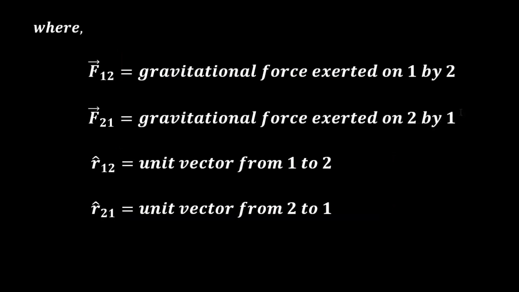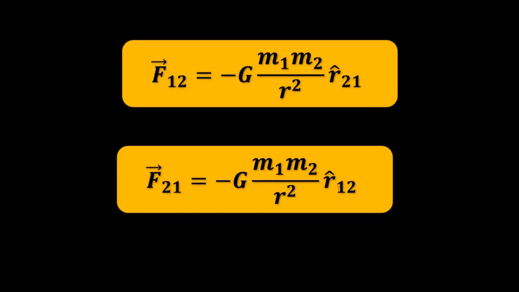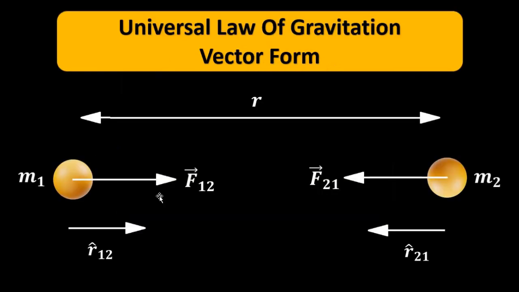Similarly, F21 vector is the gravitational force exerted on 2 by 1. So the body exerting the gravitational force is mass m1, and that's why the source vector here will be R12 vector, so R12 cap is used. Magnitude wise, both these forces are the same, but the direction is opposite.